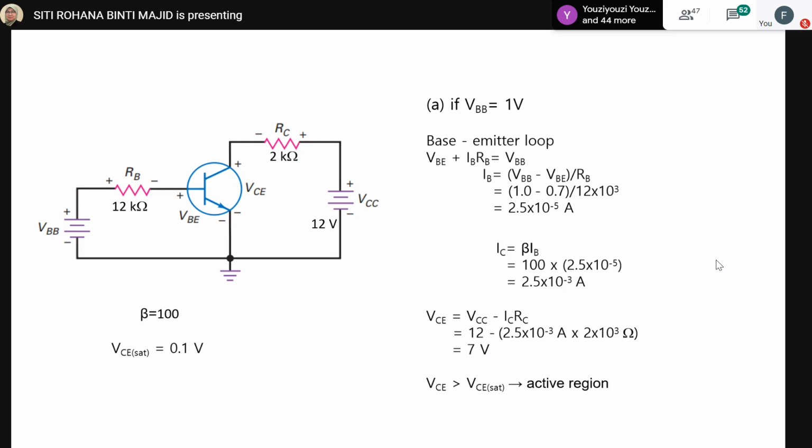In another case, if you calculate IB equals 0, that means IC equals 0, that means it's cut-off. So only three conditions you can consider here: cut-off, active, and saturation. That is how we determine the operation region of the BJT.